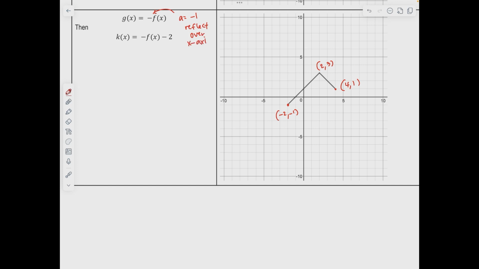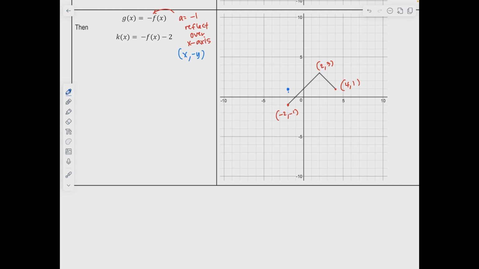So what's going to happen is this. In order to reflect over the x-axis, I'm either going to bounce above or below it depending on where I am. So when you bounce over the x-axis, your x values stay the same. It's your y values that become opposite. So negative 2, negative 1 ends up here.